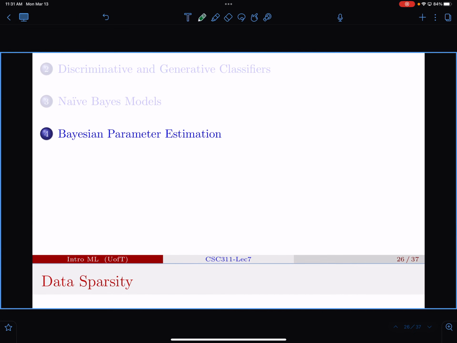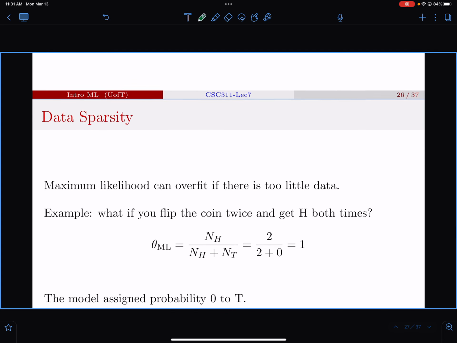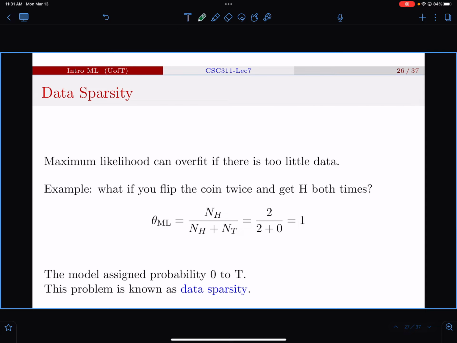Okay, so we'll talk about Bayesian parameter estimation now. This deals with one of the issues that you see when you're doing maximum likelihood estimation, which is that maximum likelihood estimation only uses the data. So we have a problem where if you have too little data, you often get inaccurate estimates.